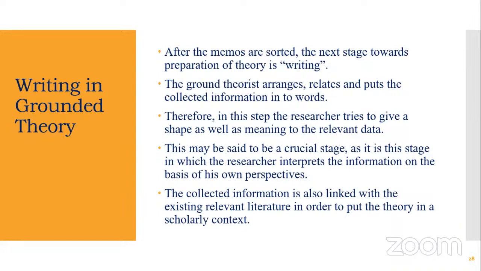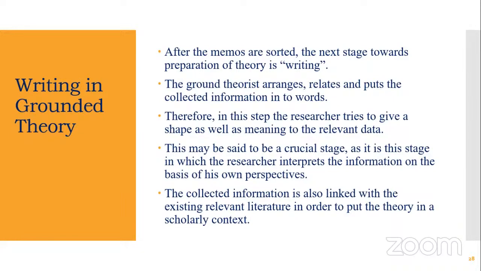Once the integration is done among all this information obtained, the grounded theorist then tries to integrate everything into words. So in this particular step, the researcher tries to give a shape as well as a meaning to the relevant data, trying to explain why something has happened, how it has happened, what are the causal factors, if any.